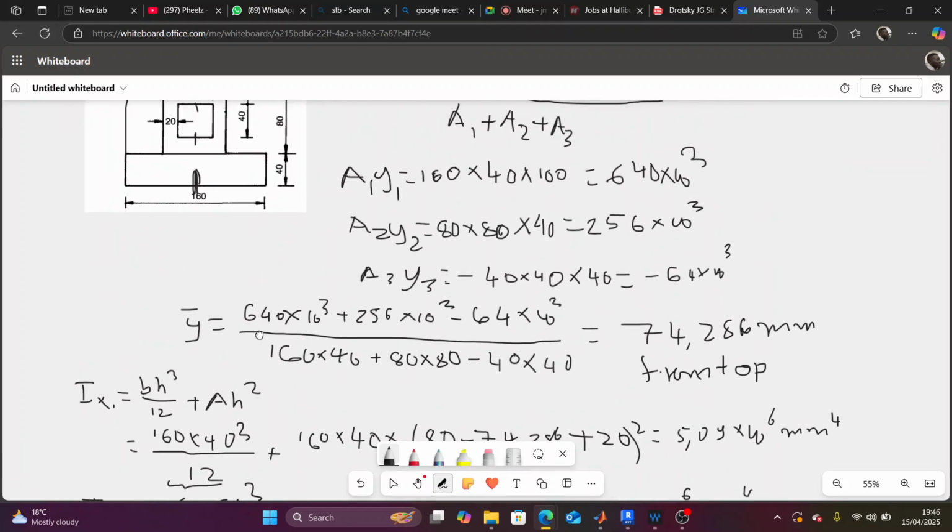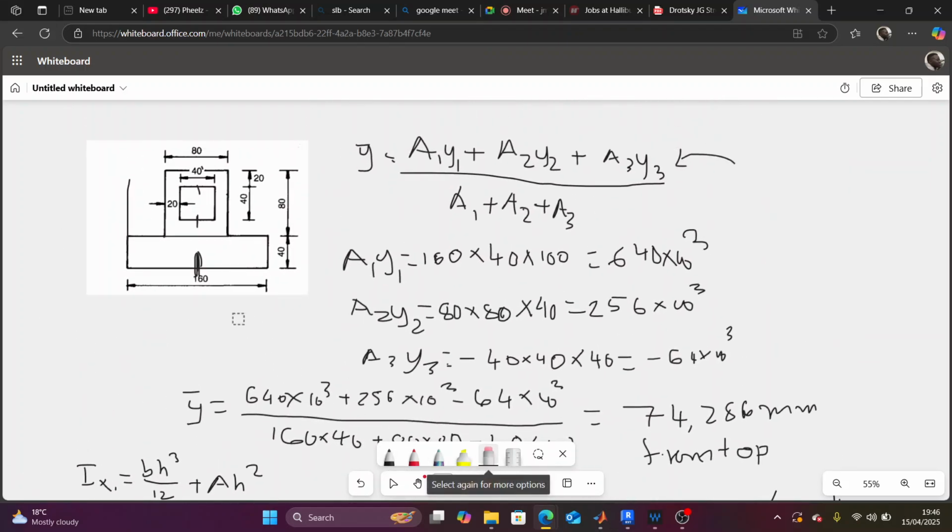Okay, where is 62.22 if we have to represent it here? If this is 160, 62 I think should be somewhere here, because the center of gravity is not in the middle. Do you see it? Yeah.